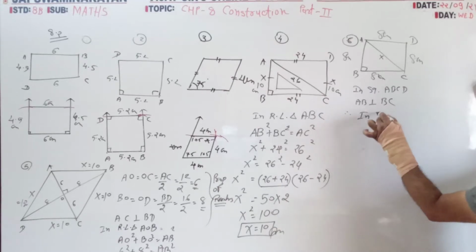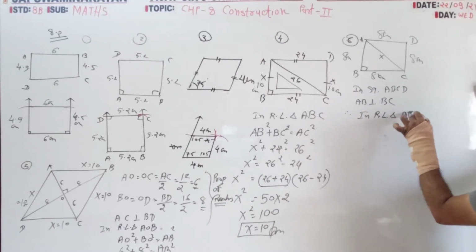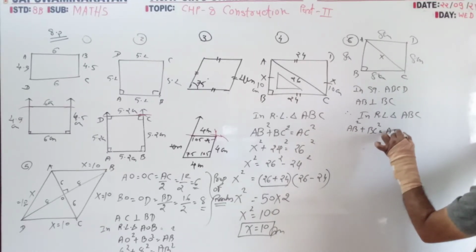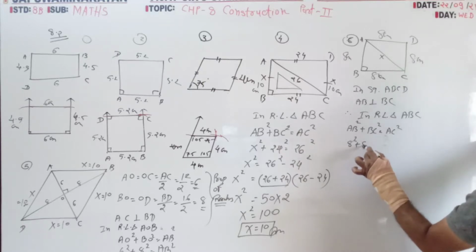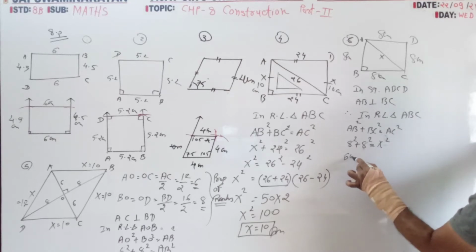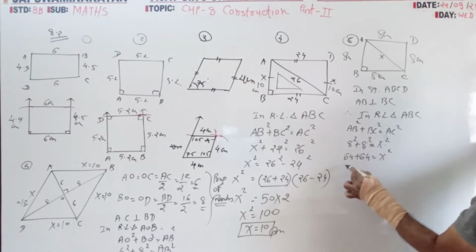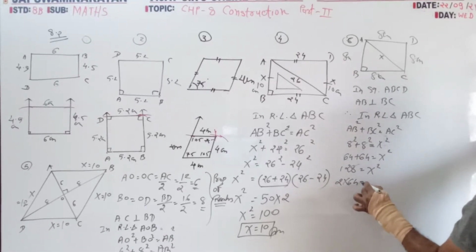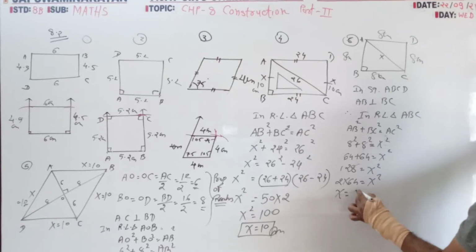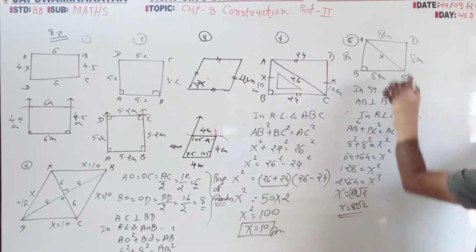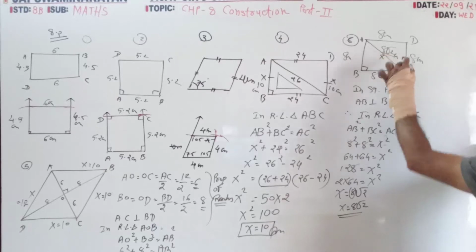Therefore, in right angle triangle ABC, AB square plus BC square is AC square. 8 square plus 8 square is x square. 8 square is 64, 8 square is 64, so x square is 128, which is 2 into 64. Square root of 2 is not possible, square root of 64 is possible, so 8. So this is 8 root 2 centimeter.